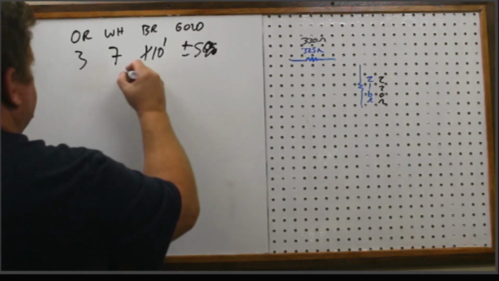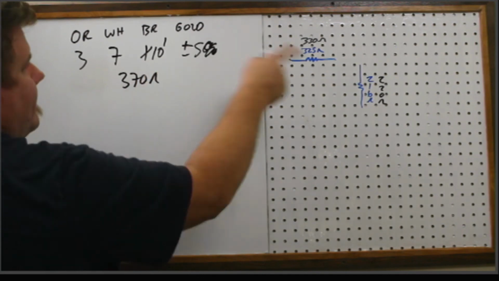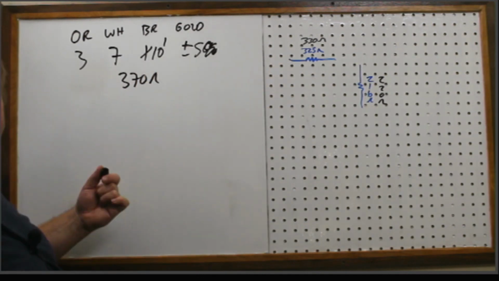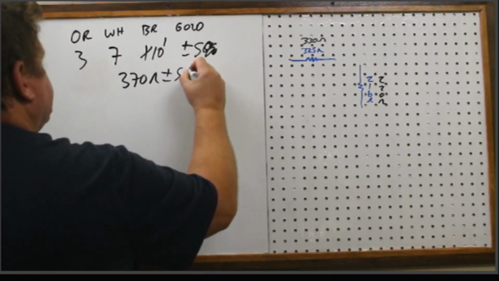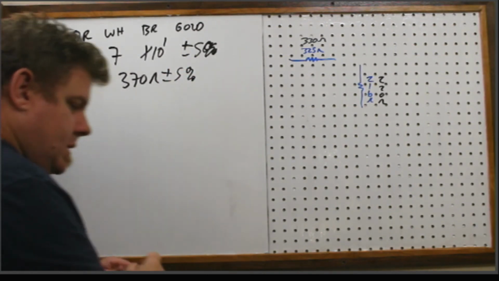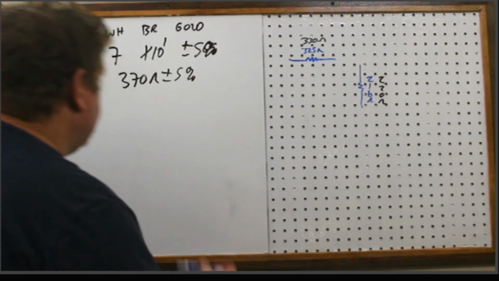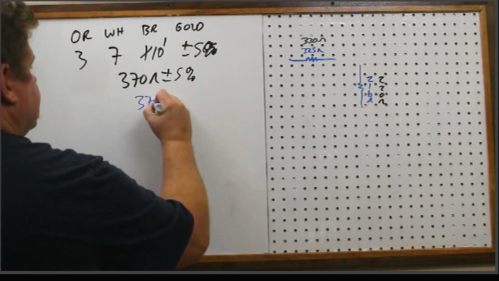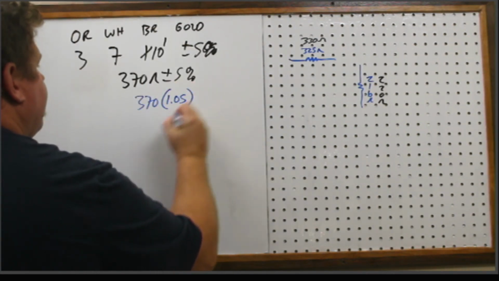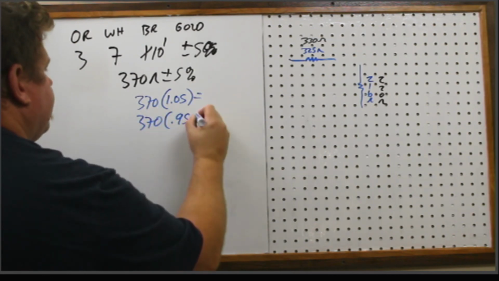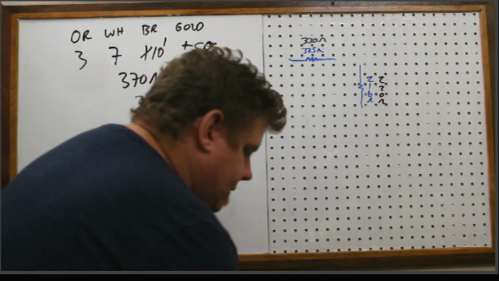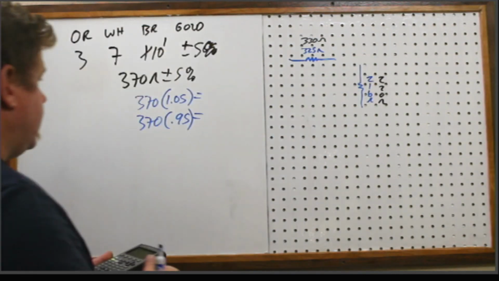So this is 370 ohms. They're all very similar because they all came from that same bag in the kit. So 370 ohms plus or minus 5%. To find the maximum value here, 370 times 1.05, 370 times 0.95. So let's see what the max and min are here, and then we'll measure it.